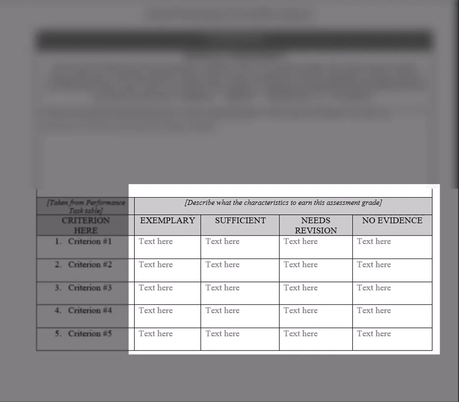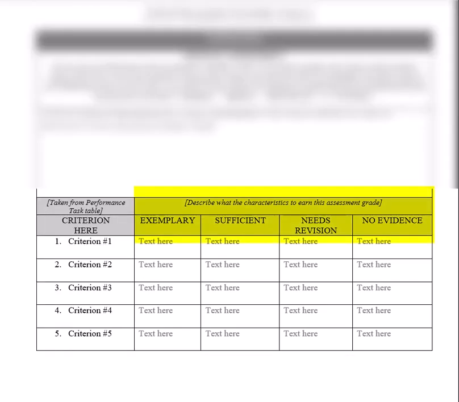This template uses the ratings of exemplary, sufficient, needs revision, and no evidence to describe our learners' performance on the task. In each of these areas, we want to list several indicators that we are specifically looking for that would constitute the rating.